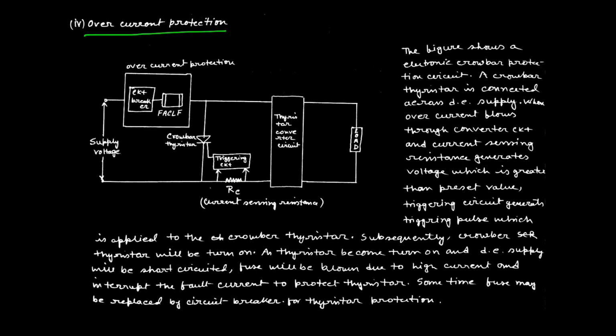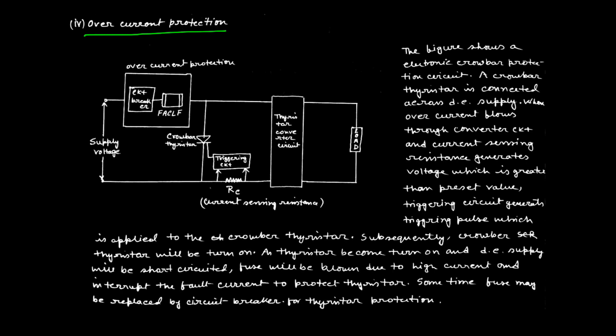That is why for normal condition, when no fault occurs across the line or the converter circuit, the rated current flows throughout the converter circuit, and it cannot generate the extra amount of voltage.